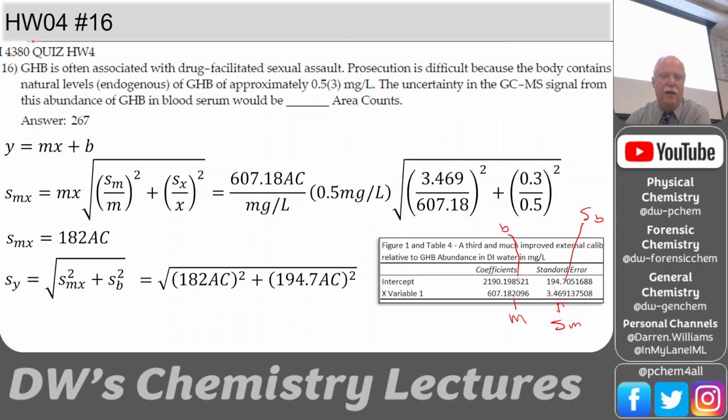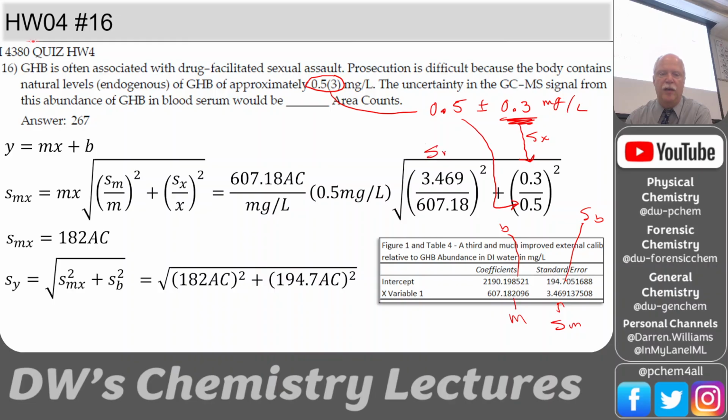And then we have the X. We're told right here this 0.5 with a 3 in parentheses. That's 0.5 plus or minus 0.3 milligrams per liter. You see how to read the uncertainty when it's in parentheses? That's another skill. And so that's our SX, and this is our X.